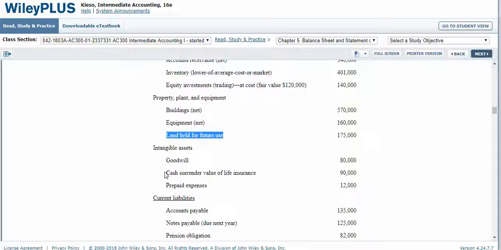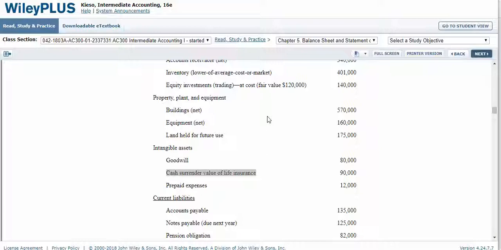And then we also see in the intangibles, they have cash surrender value of life insurance. For key employees, a company will often have life insurance. So you can imagine some key employees like Zuckerberg, for example, at Facebook, or another example might be Elon Musk of the Tesla car corporation.